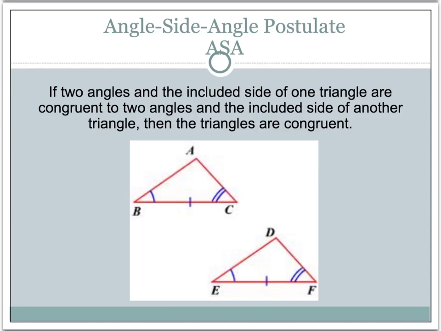The only thing we have to check is that the side is included between those two angles. And yes, it is. There's angle B and C, and the segment is in between them, or included. So again, we can state that triangle ABC is congruent to triangle DEF by the angle, side, angle postulate.